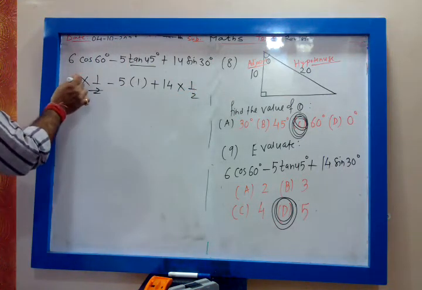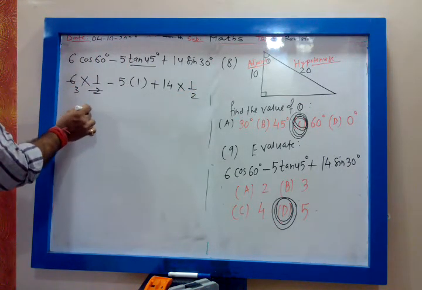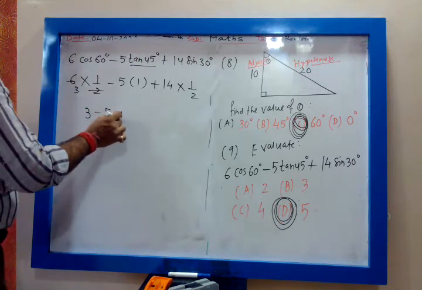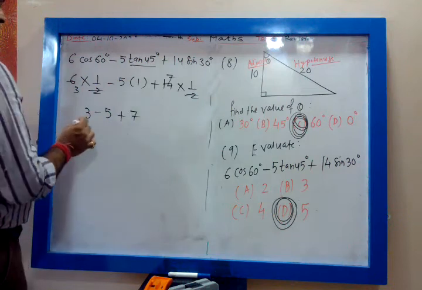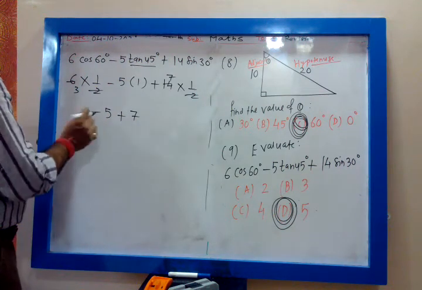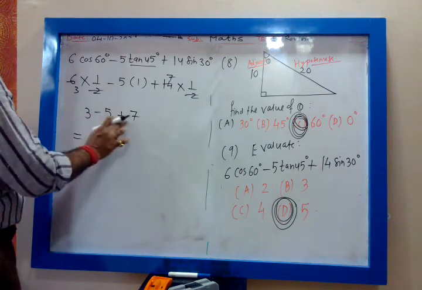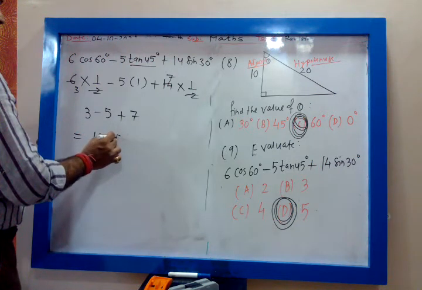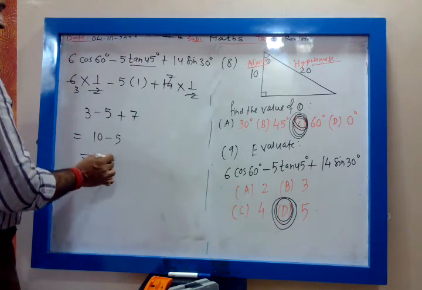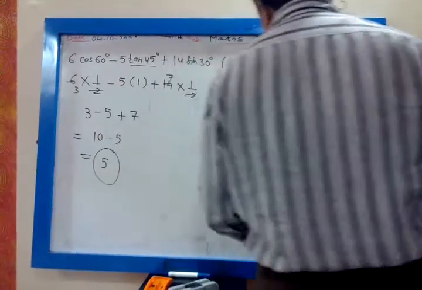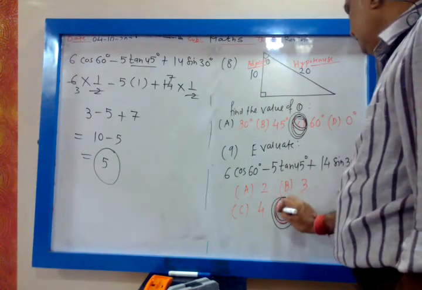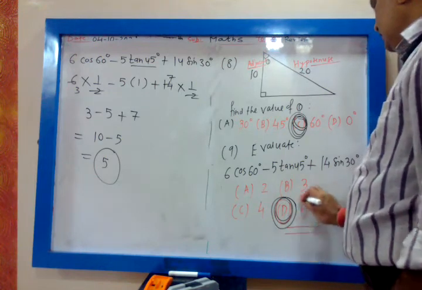So 2 threes are 6, that gives 3. Minus 5, plus 2 sevens are 14, that gives 7. 7 plus 3 is 10. 10 minus 5 is 5. So the correct answer is 5, which is option number D.